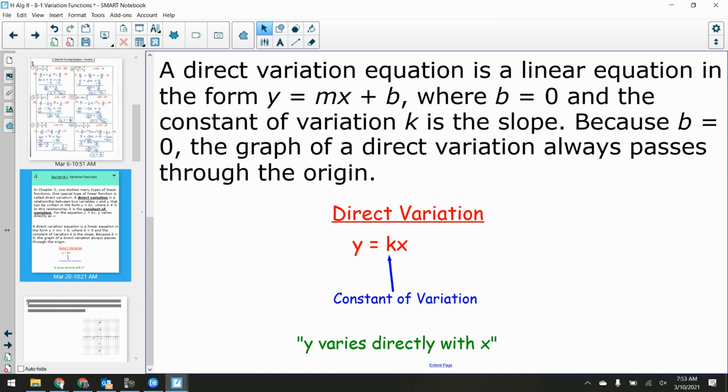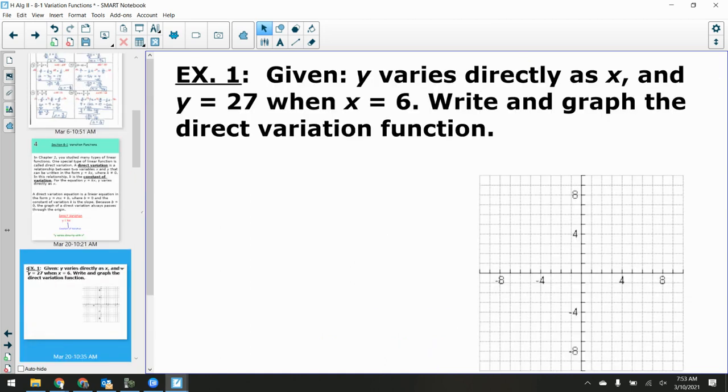So let's take a look here. Given y varies directly as x and y is 27 when x is 6, write and graph the direct variation function. Okay, so I'm given enough information to write out my equation. I know that the phrase "y varies directly as x" tells me that my final equation should be of this form, y is equal to k times x.